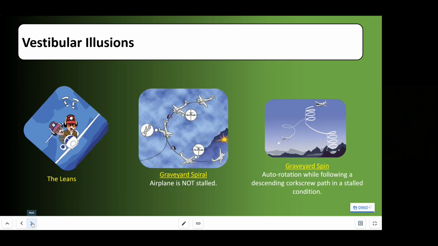First, the graveyard spiral. This is a situation where the pilot has omitted some flight information. In particular, the pilot did not recognize that they have the wings at a small bank angle. And we got to think aerodynamically, when the wings are at a small bank angle, the nose drops.